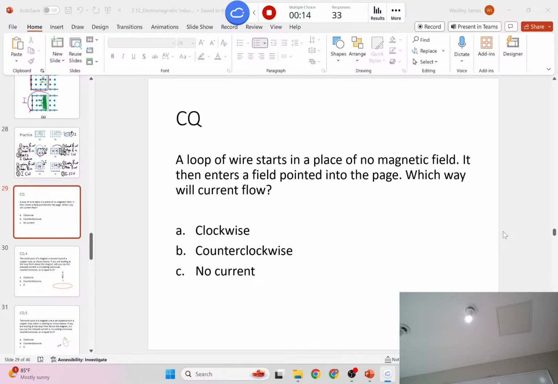Another application of this is how wireless charging works. So your phones, when you put them on that pad and they charge up and nothing's plugged in, you have a loop of wire in your phone. The thing below it has a loop of wire. It makes a changing magnetic field that induces current in the loop of wire inside your phone, and that current is how it charges. It's called inductive charging. Make a changing magnetic field, have a loop of wire in your phone, and you made current in your phone.